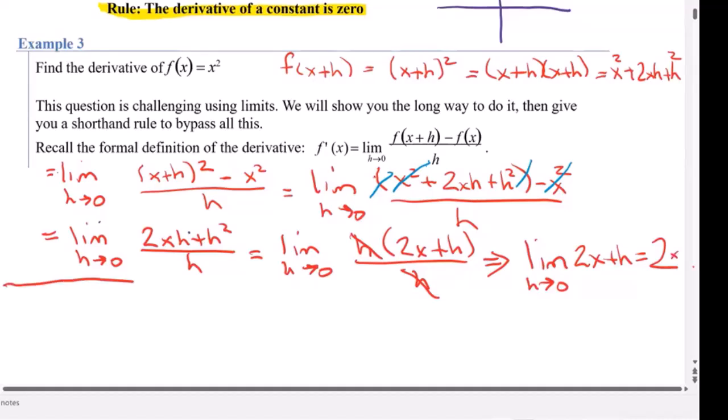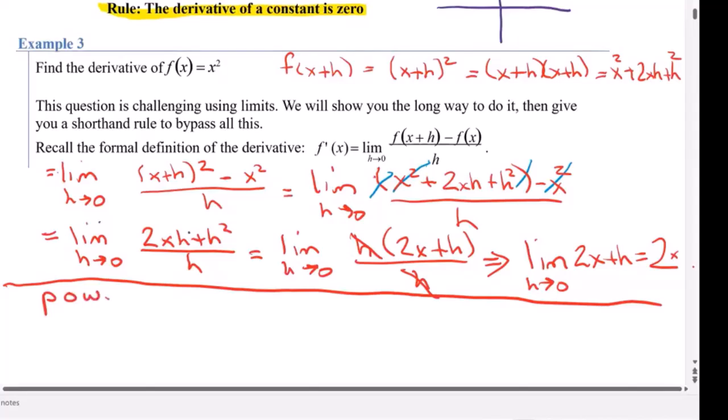So what does that tell me? Well, it basically tells me what the derivative of x squared is, but we have a more general rule. Our general rule is called our power rule. I think we'll see this again.